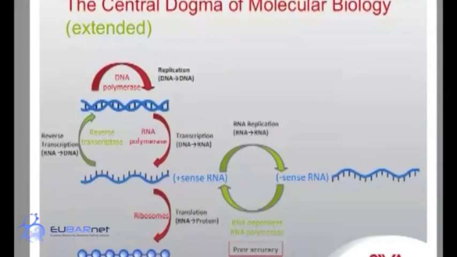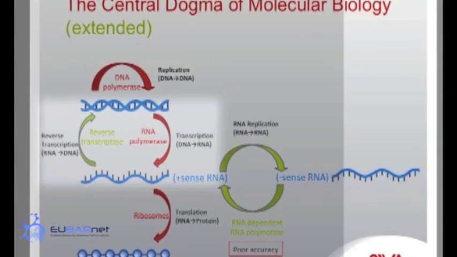But the viruses have come up with some other additions to this general scheme. For instance, you have the reverse transcriptase that goes from RNA to DNA. But for us, the most important thing is these RNA-dependent RNA polymerases, because they are used by viruses, in particular the RNA viruses.